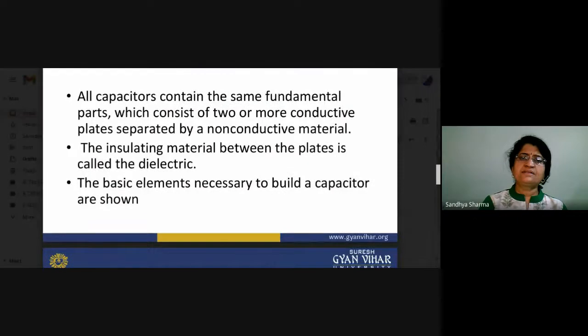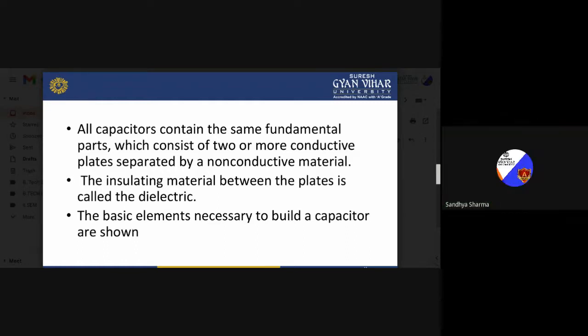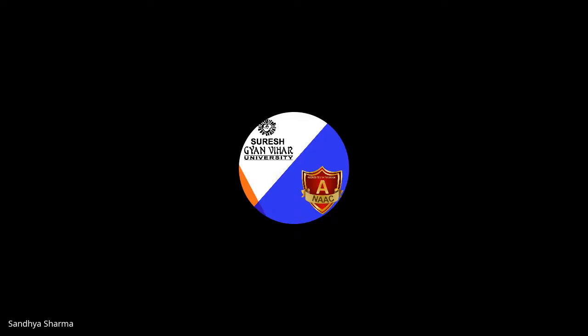Now, all capacitors contain the same fundamental parts, which consist of two or more conductive plates separated by a non-conductive material. As the construction feature, the insulating material between the plates is called the dielectric. So this insulating material we know as a dielectric.